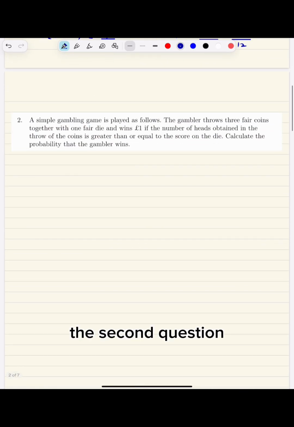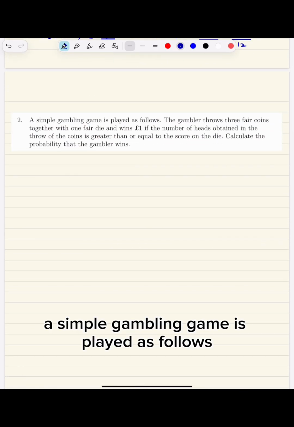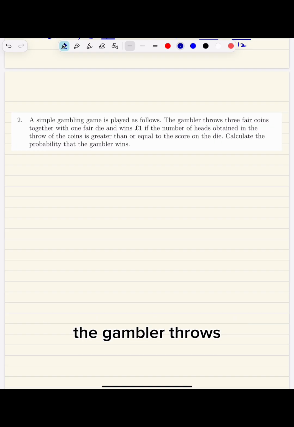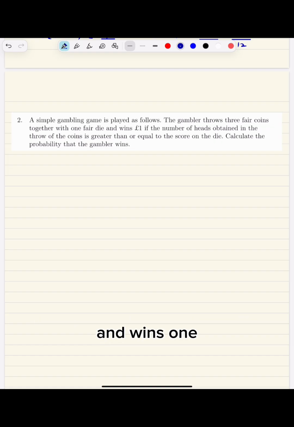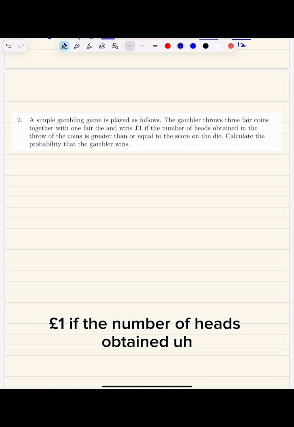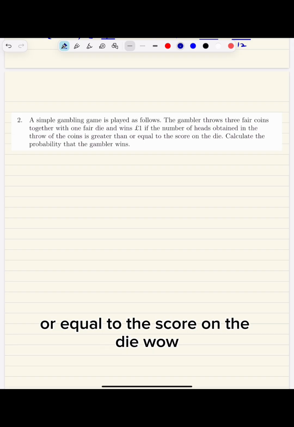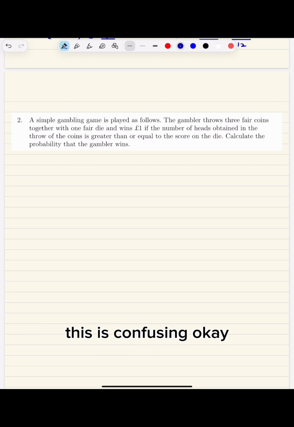The second question. A simple gambling game is played as follows. The gambler throws three fair coins together with one fair die and wins £1 if the number of heads obtained in the throw of the coins is greater than or equal to the score on the die. Wow, this is confusing.